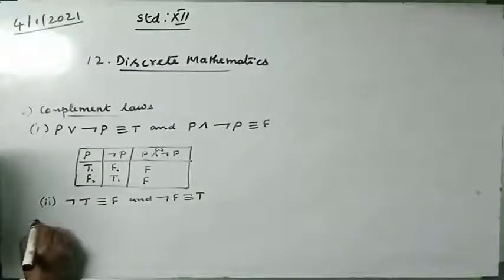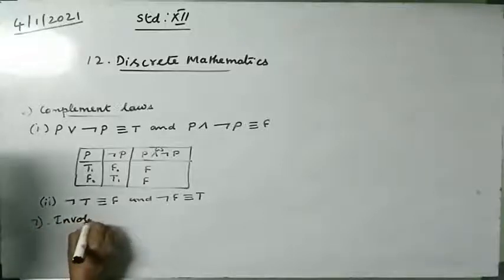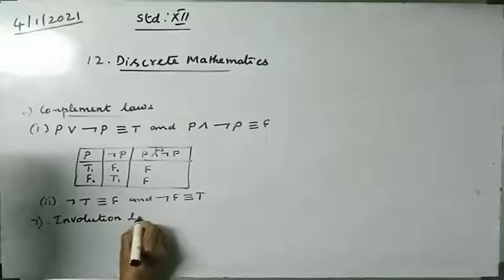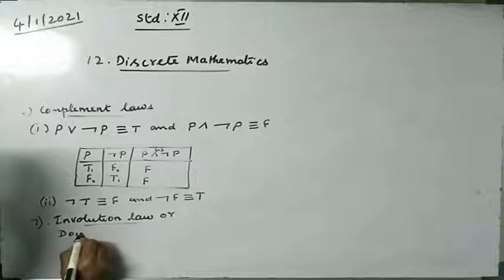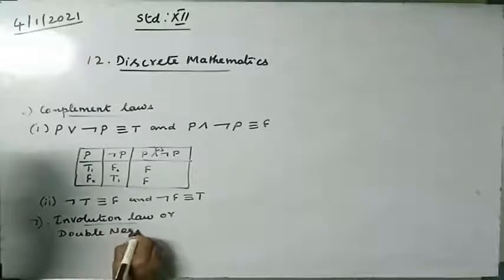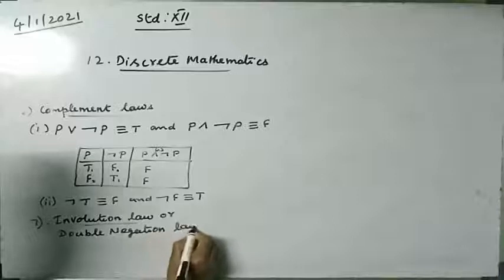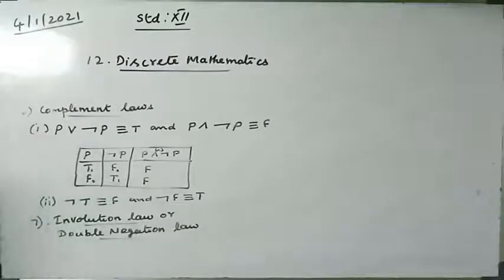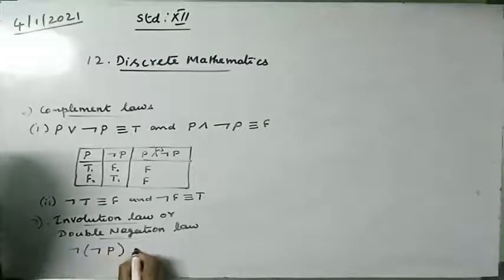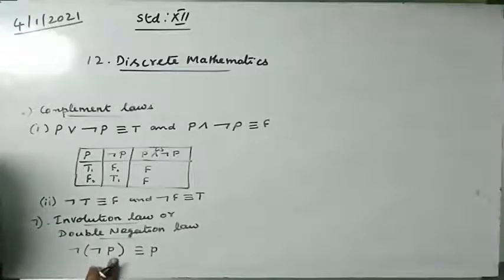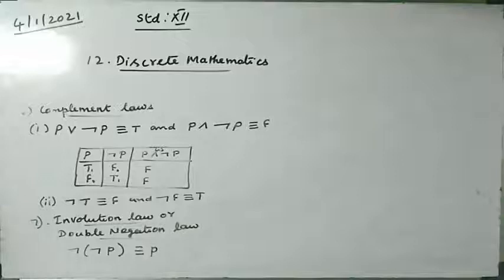Then the next one is involution law, or இதுக்கு இன்னொரு பேர் double negation law. எப்படி நம்ம A transpose of transpose is equal to A அப்படின்னு சொல்லுவோம் இல்லையா matrix-ல, அந்த மாதிரி negative of negation of P is equivalent to P. So this is involution or double negation law.